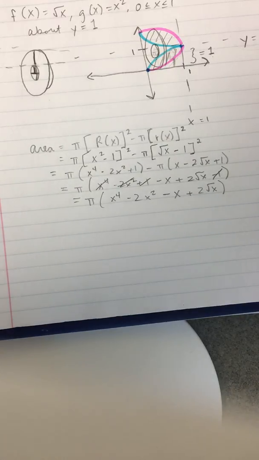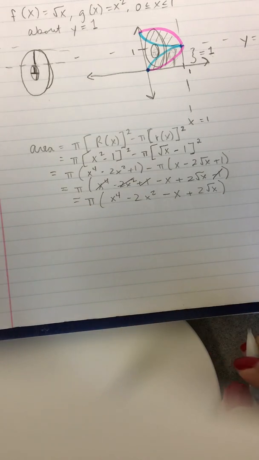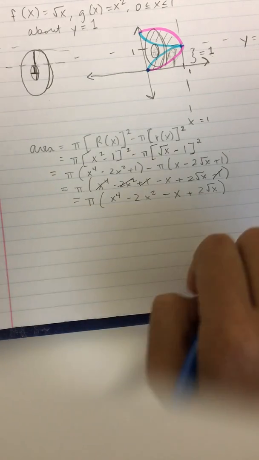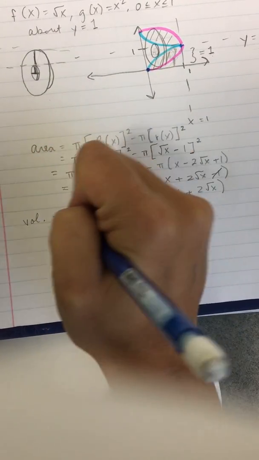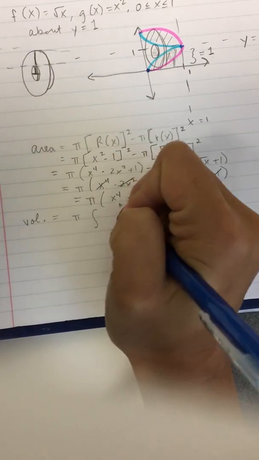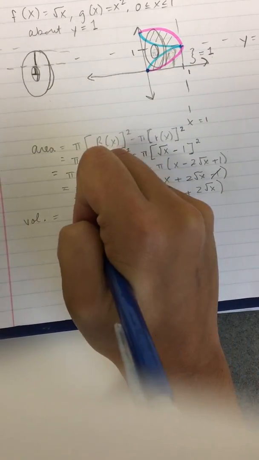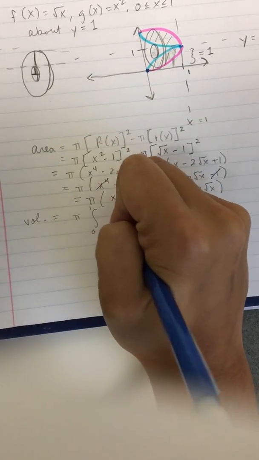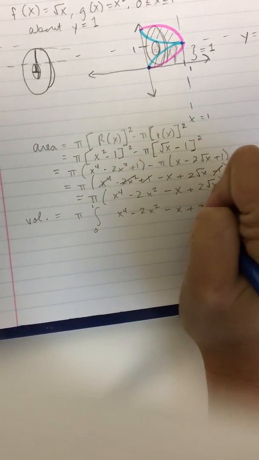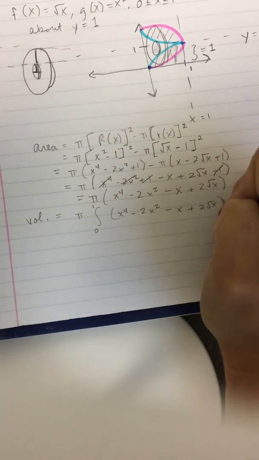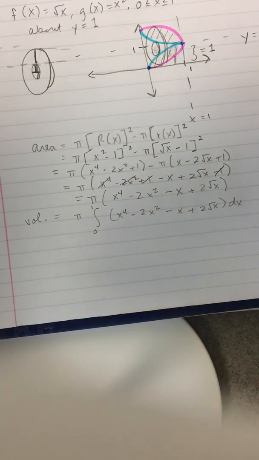Now the volume, we simply have to find the integral of this on our interval 0 to 1. So the volume equals, we can keep the pi outside of the integral since it's a constant, from 0 to 1 of x to the 4th minus 2x squared minus x plus 2 square root of x dx.